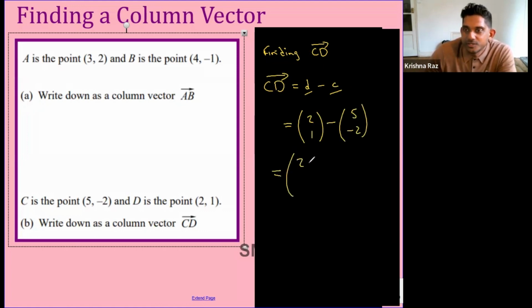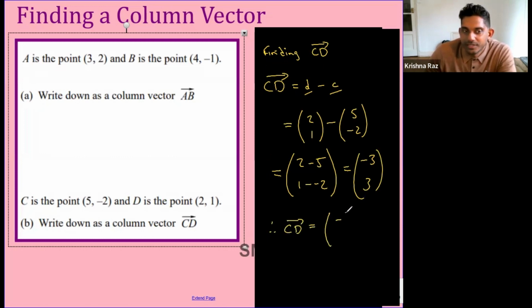So we should get 2 take away 5 and 1 minus -2, which gives us (-3, 3). Therefore, CD is (-3, 3).